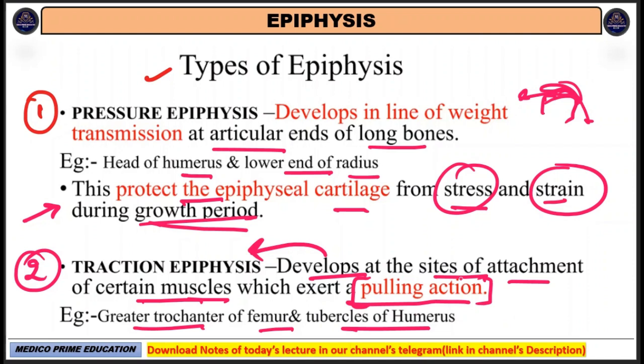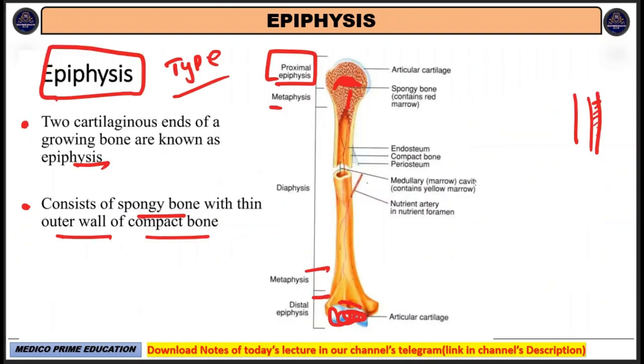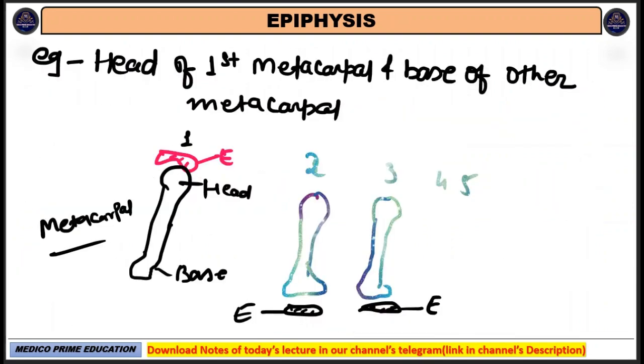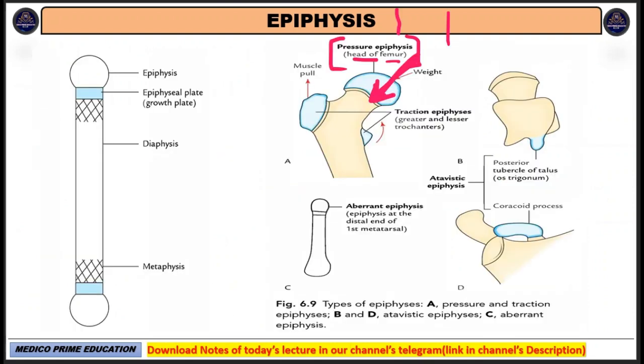You already know the greater trochanter is a muscle attachment, and the tubercle of the humerus has muscle attachment. Here is a muscle attachment. If any muscle is attached from this point, the muscle pulls it upward. Here also there is muscle attachment on the greater and lesser trochanter, so this muscle pulls like that.